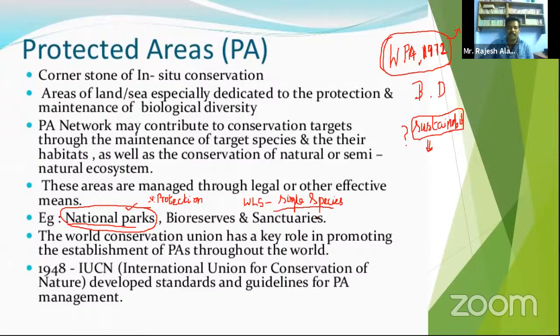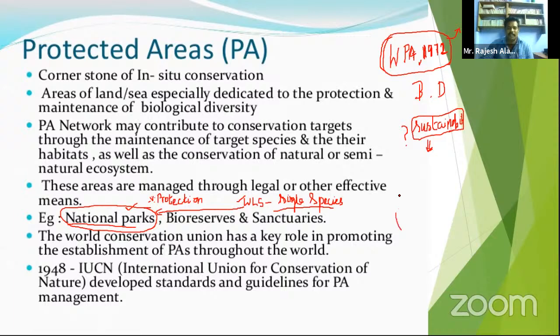For protecting this squirrel, we have declared the waterfalls area and the adjacent forest area as a wildlife sanctuary. So even for protecting a single species, a wildlife sanctuary can be declared, but a national park can't be done like that. For a single species, we can't declare some area as a national park.